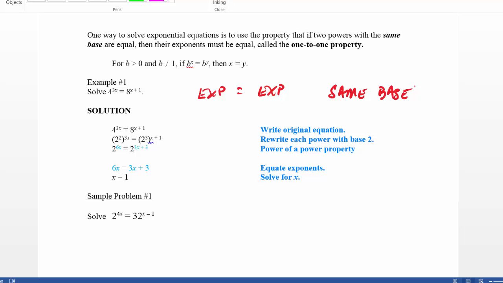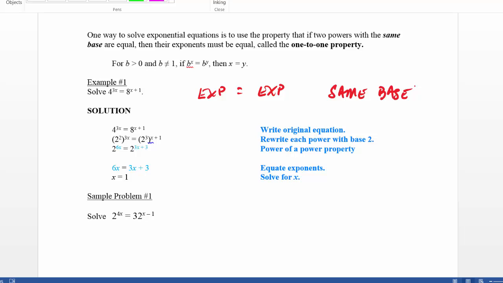So if we look here at example number 1, we have 4 raised to the 3x power and 8 raised to the x plus 1. Two exponential expressions being equal to each other, but they don't have the same base yet. So what we're going to do is rewrite this using a power of a power type property, so that they would both end up with the exact same base of 2.